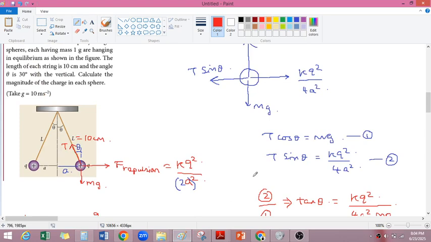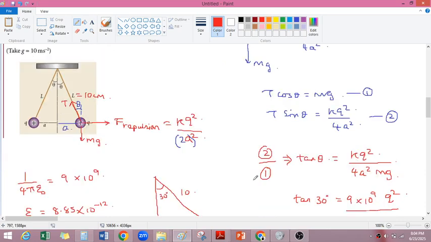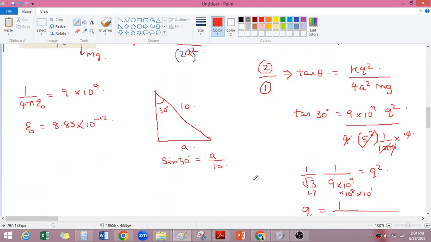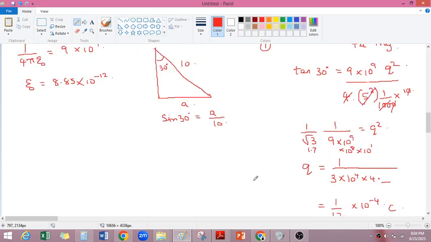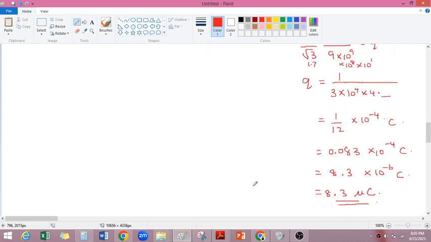Anything which we have missed out? 10 centimeter, kq square by 4a square, t sin theta is okay, t cos theta is okay, mg, q squared is equal to... tan 30 is 1 by root 3, so root 3 is coming in the bottom, so 3 into 10 power 4 is also correct. 10 into 1.7, 4.7, so that is also looking correct to me. Anybody else noticing anything wrong?